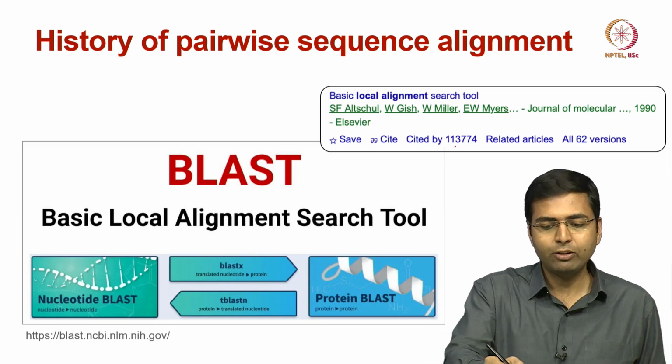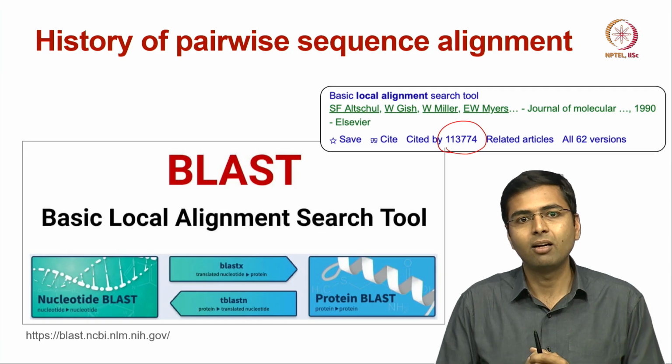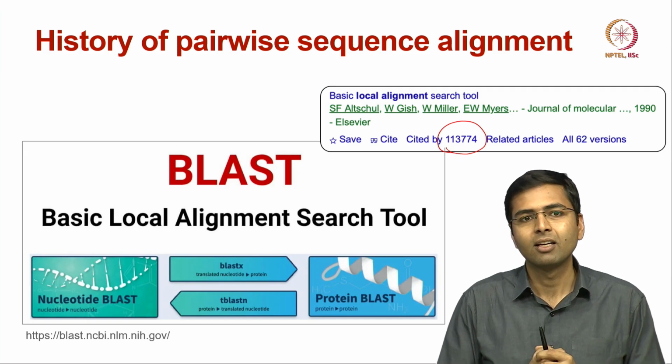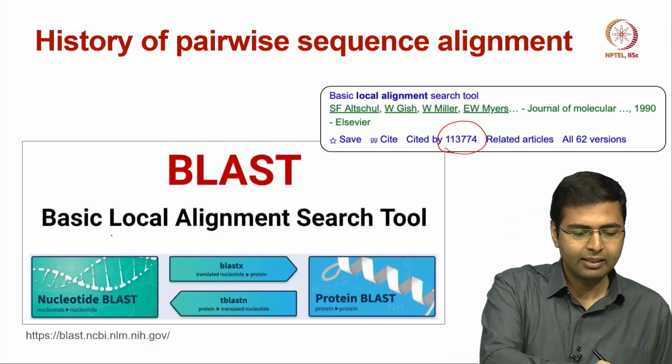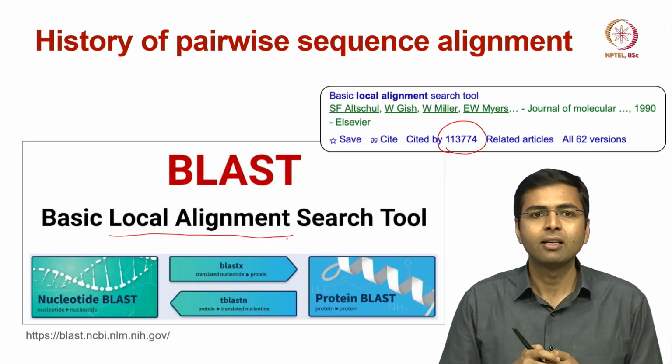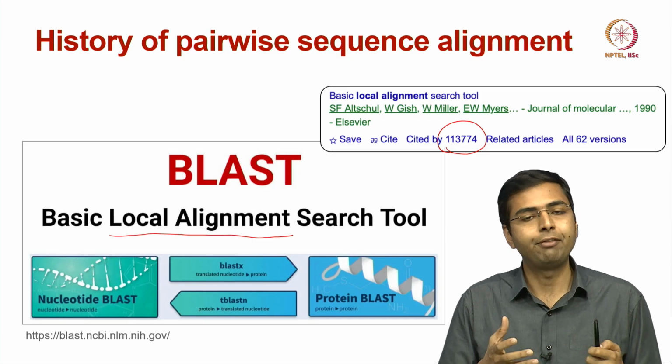You can already see from the citation count why this tool is so important in modern biology. The topic of this lecture is to understand this local alignment problem formulation, and then we will look at how this problem is solved efficiently.